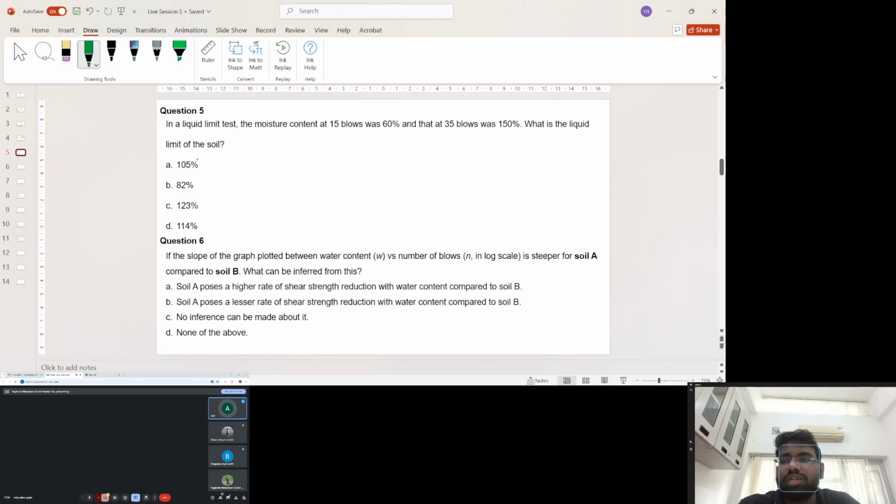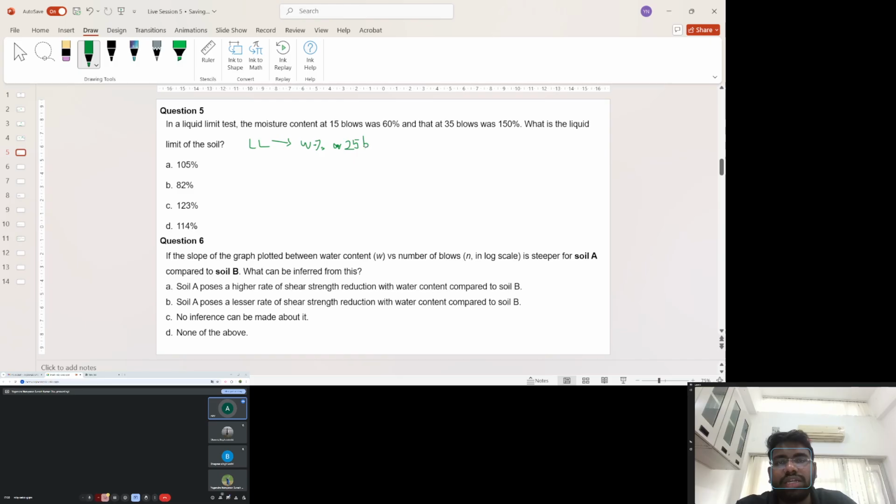Yes. As far as Casagrande testing is considered, liquid limit is the water content of the sample when the groove closes at 25 blows.